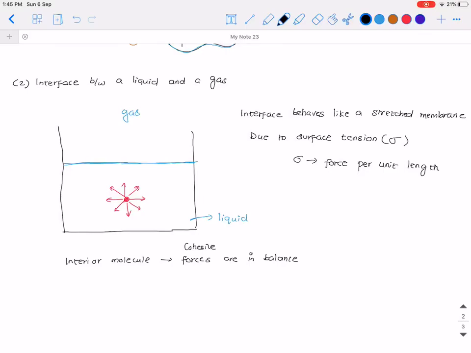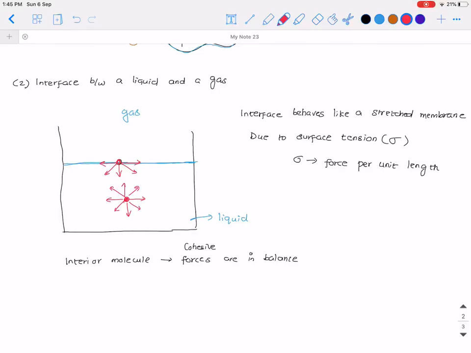However, if we consider a molecule at the interface, what happens? There is a net imbalance in the force, because we have cohesive forces acting only in the downward direction, because at the top there is no liquid molecule available to exert a cohesive force.